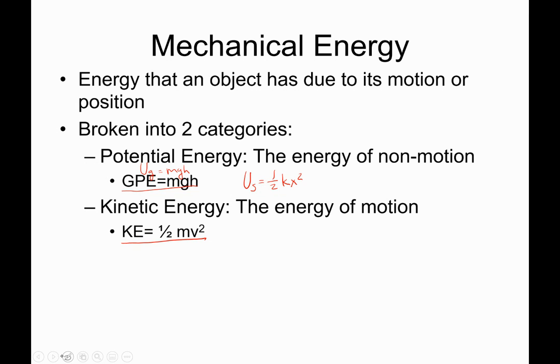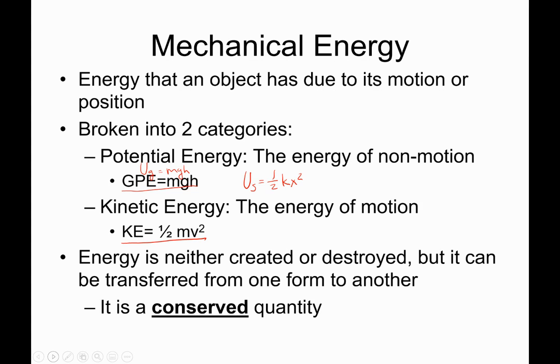Energy is neither created nor destroyed, but it can be transferred from one form to another. And here's the thing, scientists have used this transfer of energy forever. Just look up a Rube Goldberg device. Think about something like that. Or if you've ever played the game Mousetrap as a kid, it had a pretty cool little Rube Goldberg device going on on that board game.